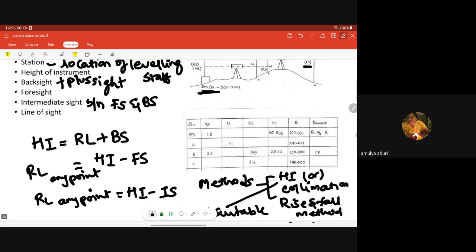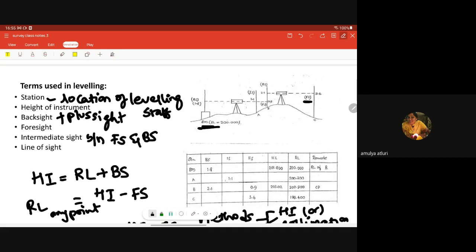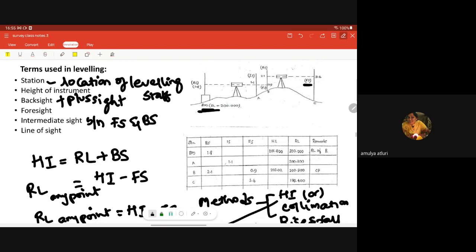So let's take one example. There are given 3 points A, B, and C, and the reduced level is 2000. The instrument is set up there. You can see the 3 stations A, B, C. What is the backsight at A? A is the starting point, right?